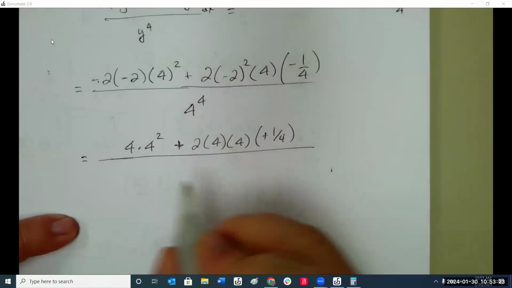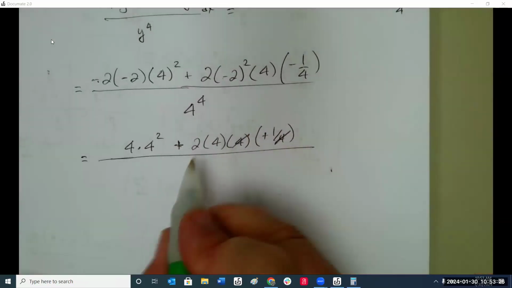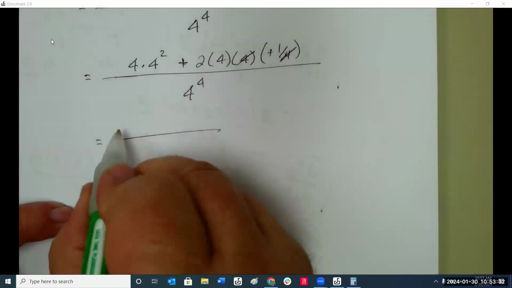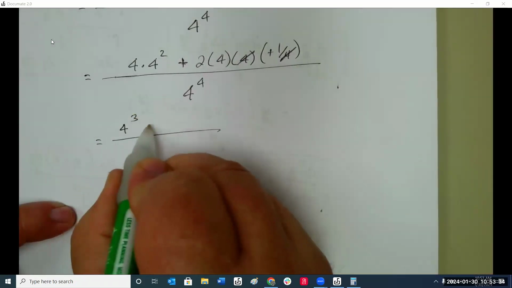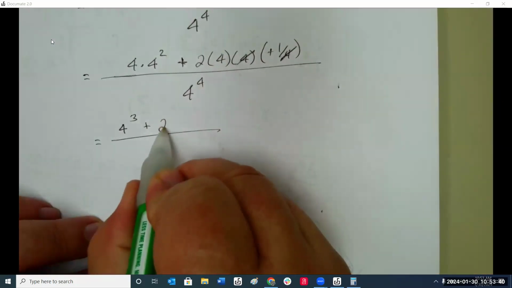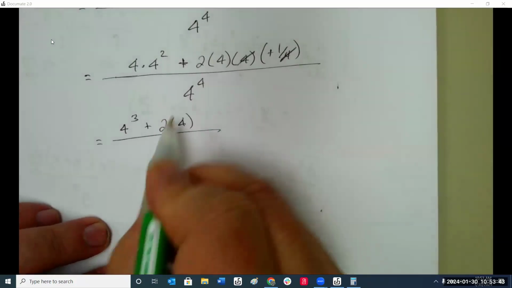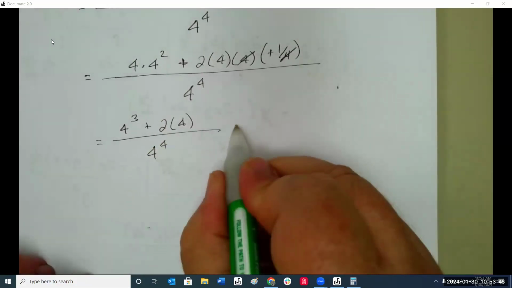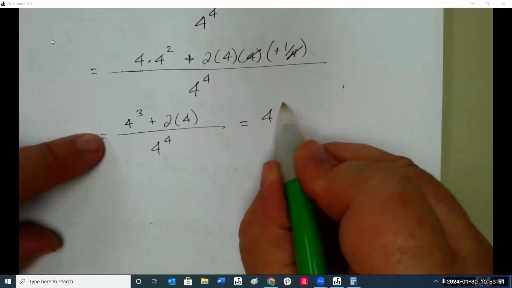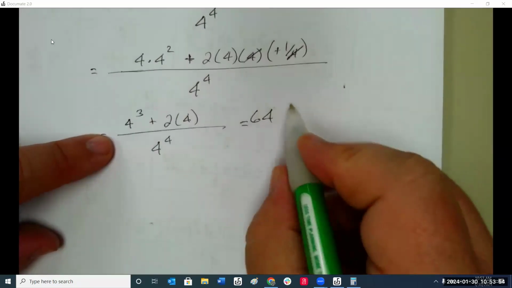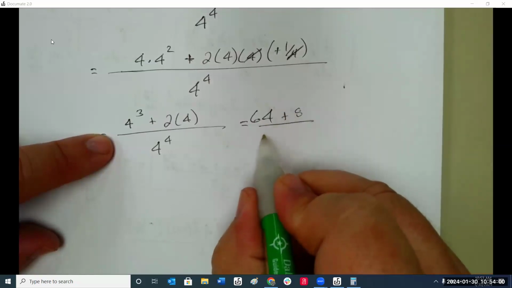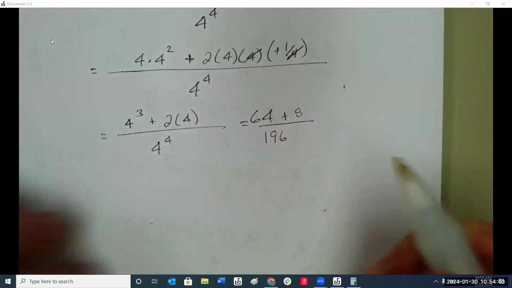The negative and negative cancel. One of the fours cancels. Okay, so 4 to the 3rd is 64 plus 8.